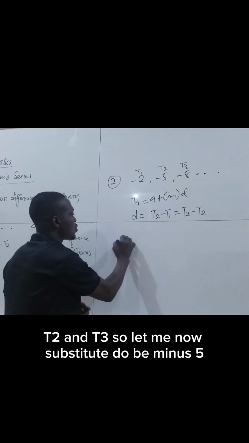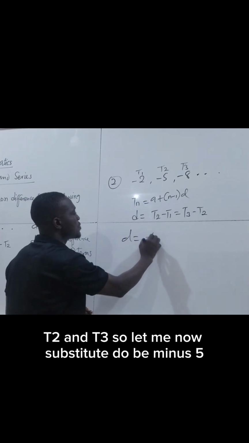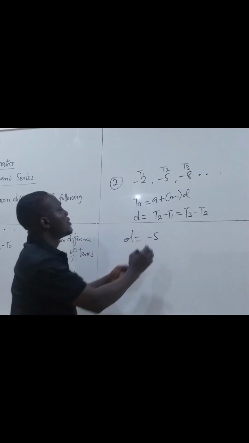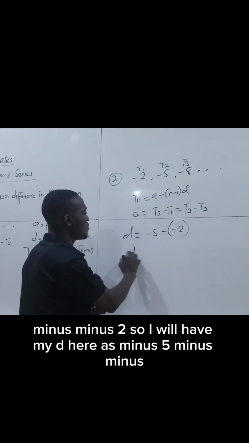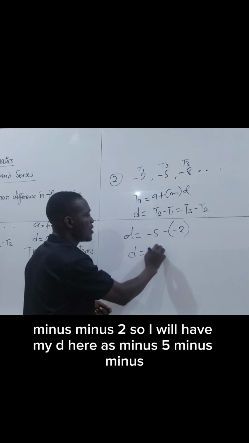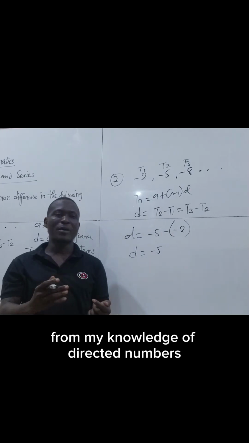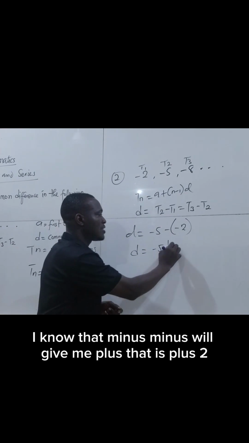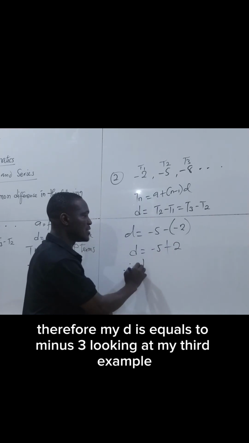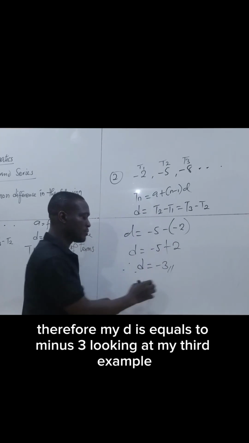So let me now substitute. D will be minus 5 minus minus 2. So I will have my D here as minus 5 minus. From my knowledge of directed numbers, I know that minus will give me plus. That is plus 2. Therefore, my D is equals to minus 3.